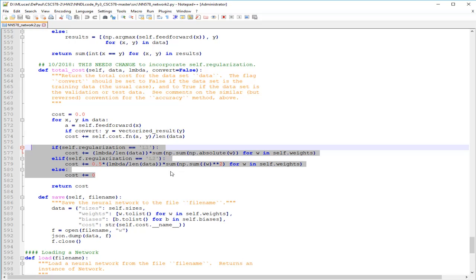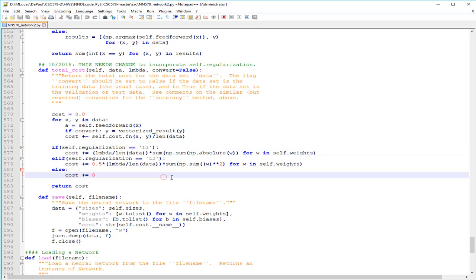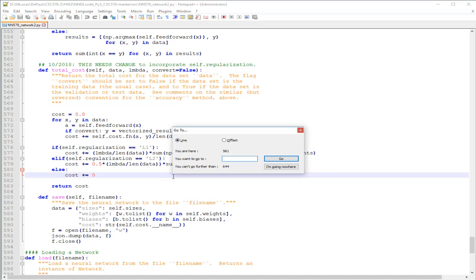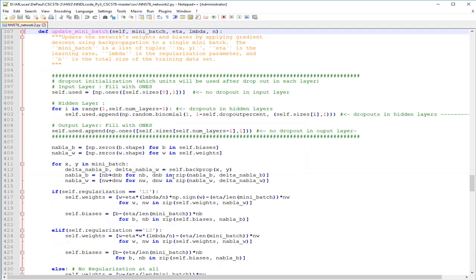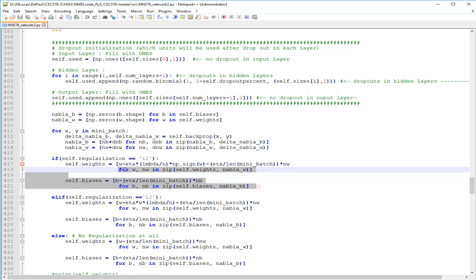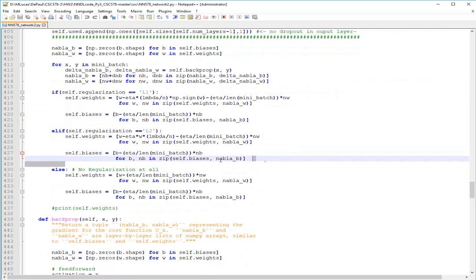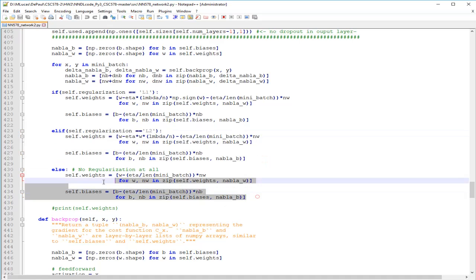And the derivative of those L1 and L2 was included in the update mini batch, where the weights are being updated. Here is L1, in the case of L1, this is the code. In the case of L2, and in the case that there is no L1 by default, not L1, not L2.